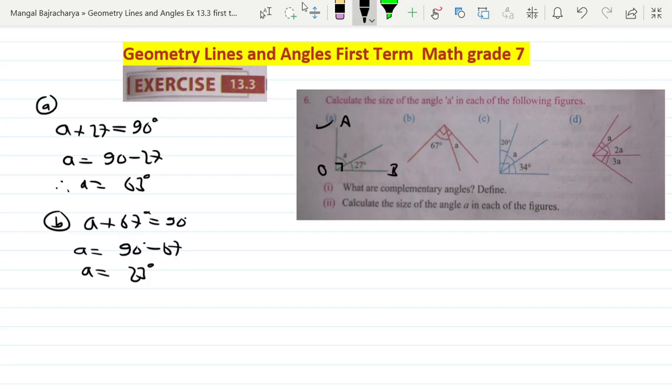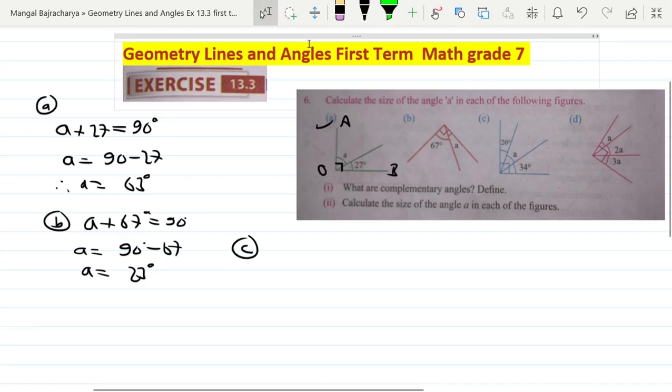A and B are very similar, but C is a bit different because the whole 90 degree angle is partitioned here into 3 angles. When 90 degrees is split into 3 angles, the sum of those split angles is 90 degrees. So in number C, you see here A, 20 and 34. Their sum equals 90 degrees.